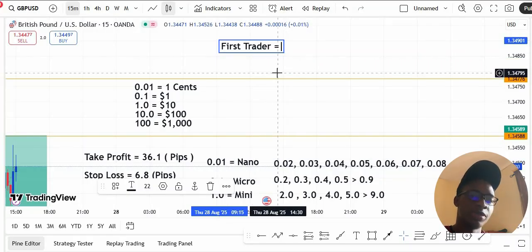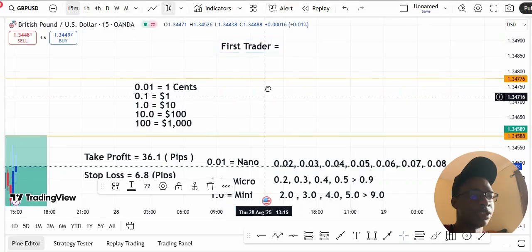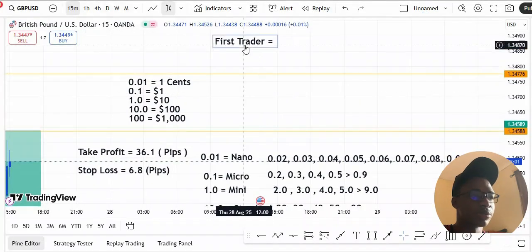Stop loss is the amount you want to lose, take profit is the amount you want to gain. Let's start with stop loss. The risk this trader is opening himself to is 6.8 cents. If you have to calculate, remember I said before you get to $1, it's going to be 10 pips for the 0.01.